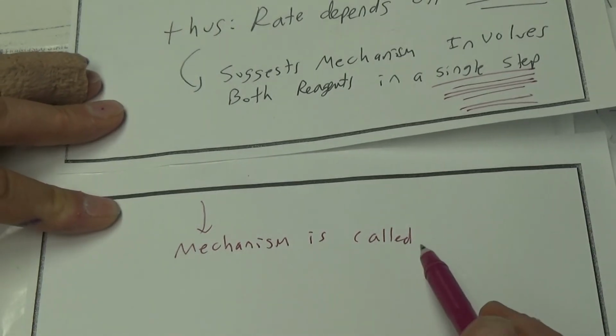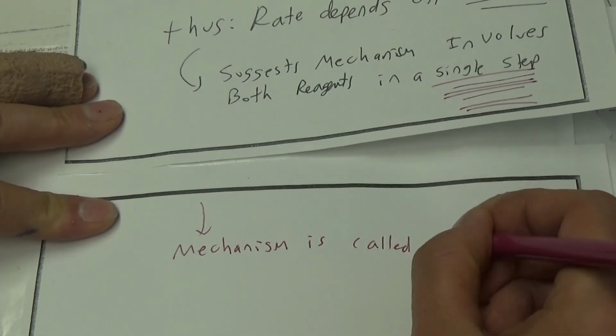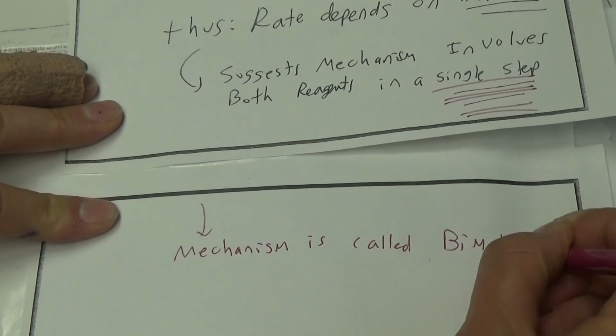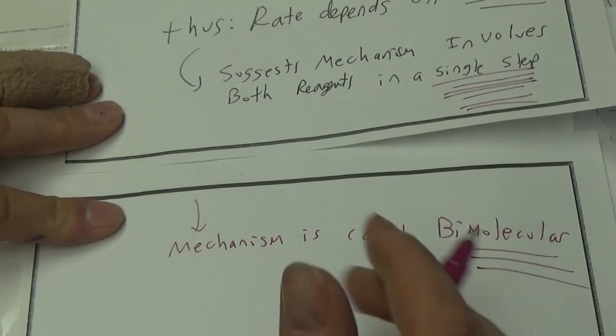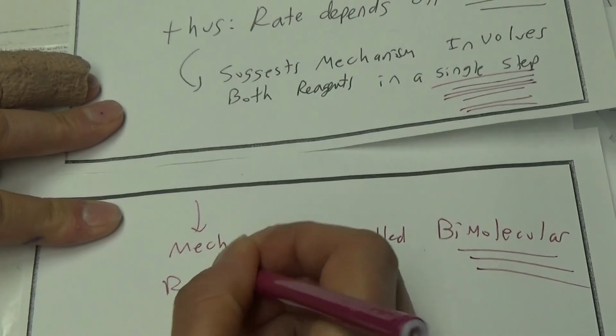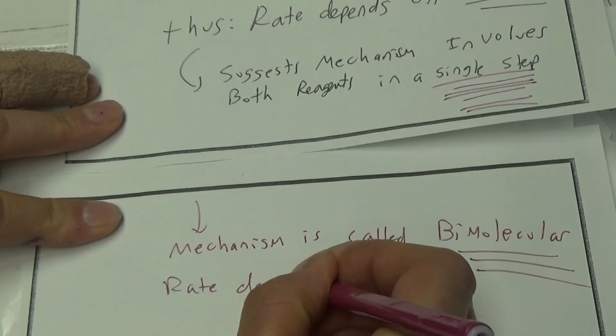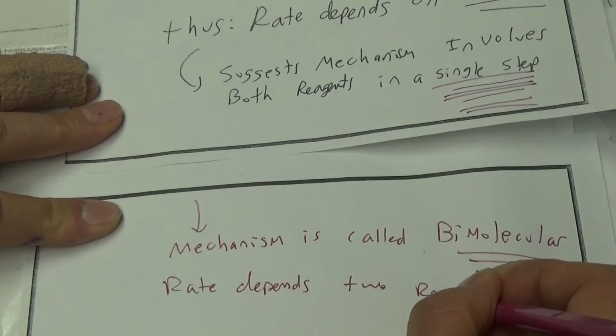It involves two reagents, so it's called bimolecular. So it's a bimolecular reaction, and the rate depends on two reagents, both starting materials.